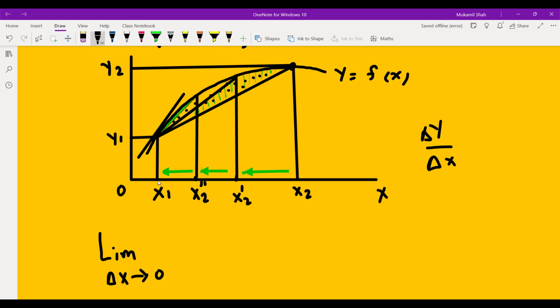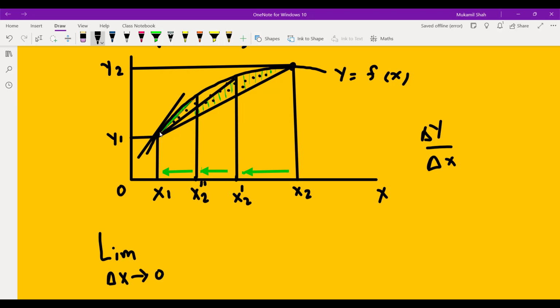It means that initially change in x was from x1 to x2, then change in x was restricted to x1 to x2 prime, then to x1 to x2 double prime, and now x2 is pretty close to x1.